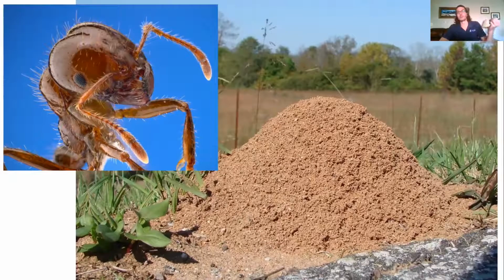So they can make their mound in a way that increases the amount of sun that hits their mound, which will warm it up more. Or if it's too hot, they can build their mound in a way that's going to reduce the angle of sunlight that can hit their mound, and therefore cool down their mound a little bit. And so that's really interesting too, that ants will actually build their mounds in a way that can increase or decrease the temperature of their mound.